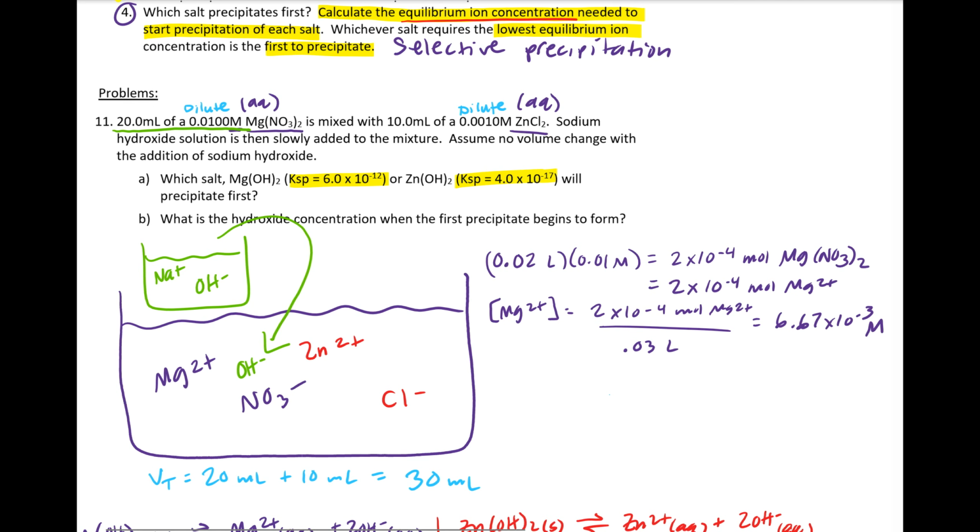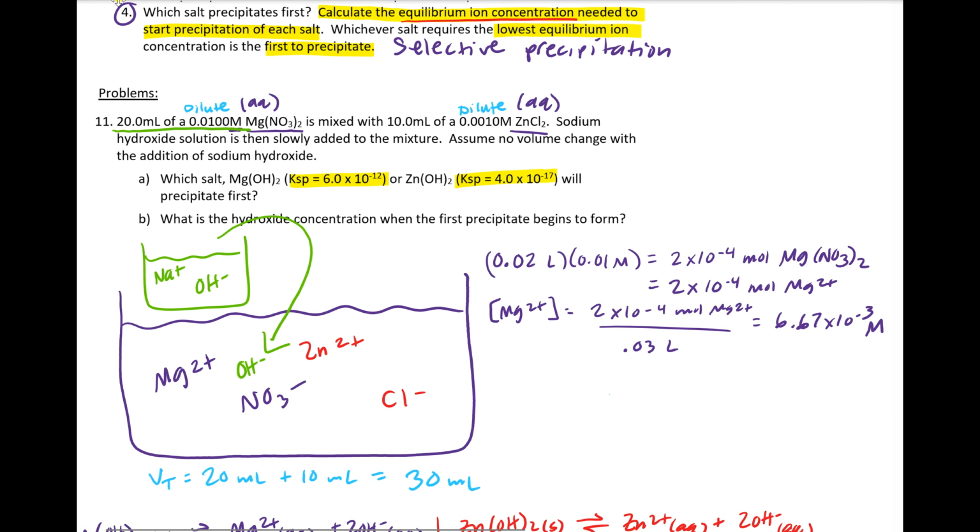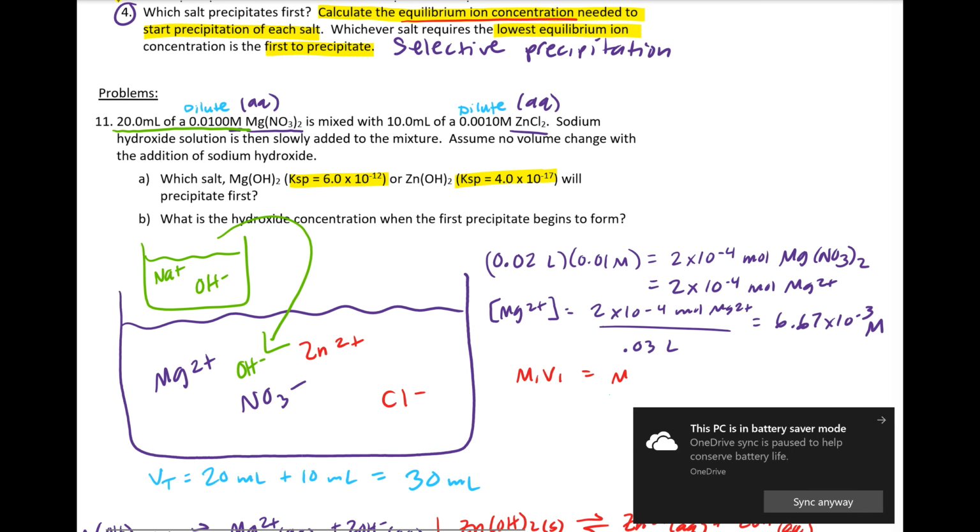Perfect. Okay, and I'm going to plug that into the KSP expression. For the zinc chloride, I could repeat the same process, or I can use a dilution formula, so I'll show you the other alternative. You can use M1V1 equals M2V2.